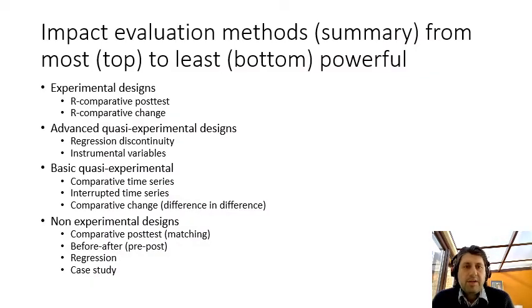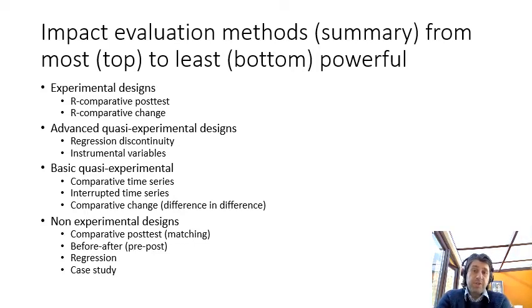And then we talked about this summary right here, which is probably a pretty useful summary about what impact evaluation methods are available to us. And in terms of their power, what power means is their ability to establish causality from the design itself. Okay, so right at the top, you have experimental designs.